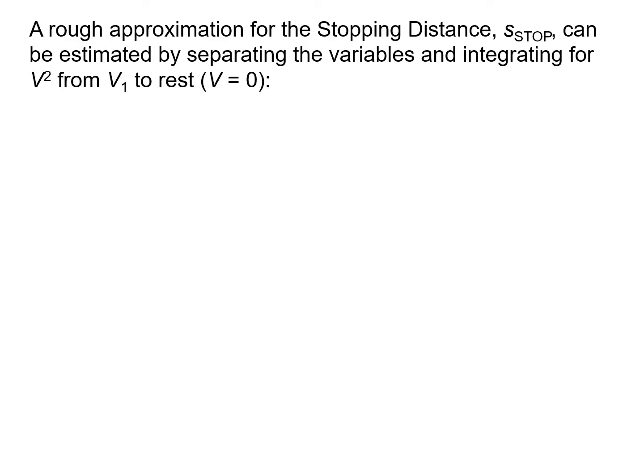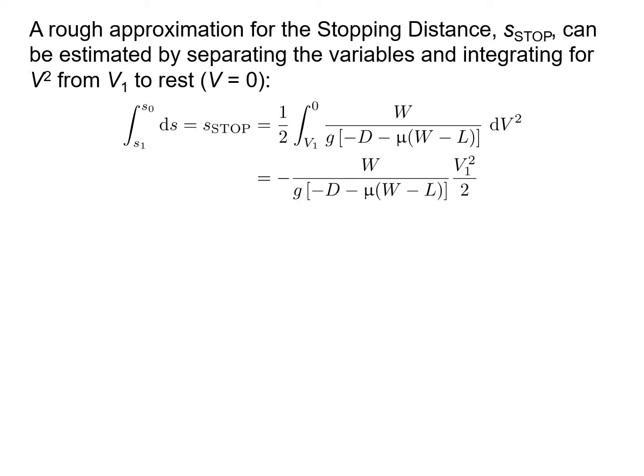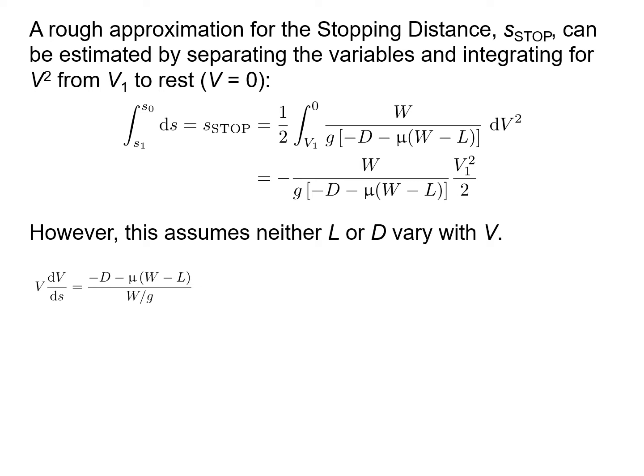Now that we have the ds and dv relation, we can have a rough approximation for the stopping distance. By doing this integration, we assume lift and drag are independent of velocity, so this is really a rough approximation. We assume D and L are independent of v.